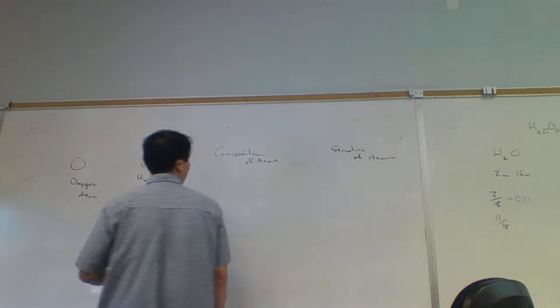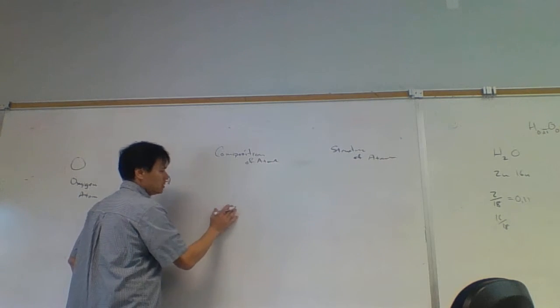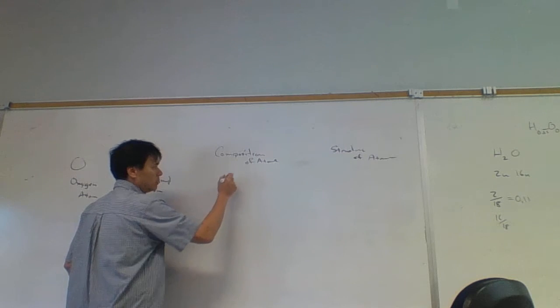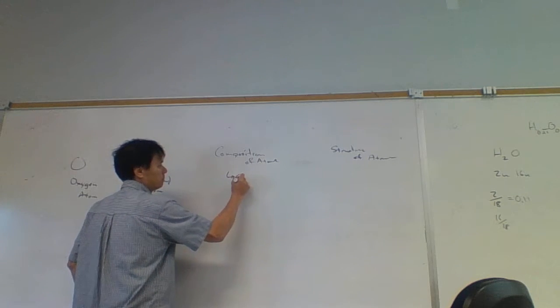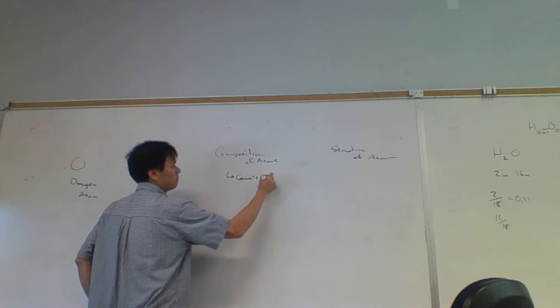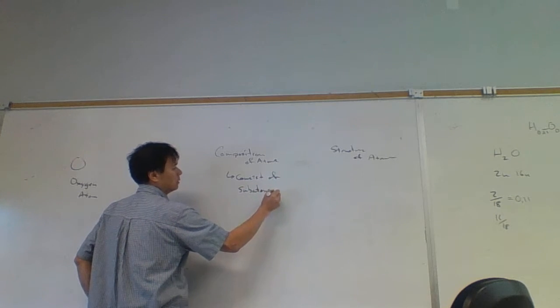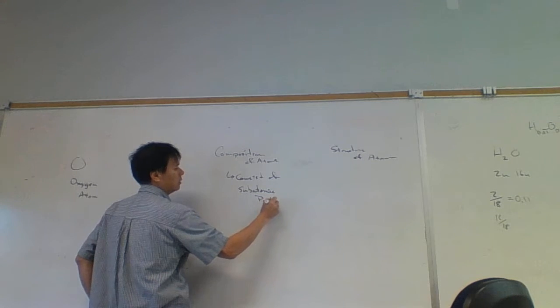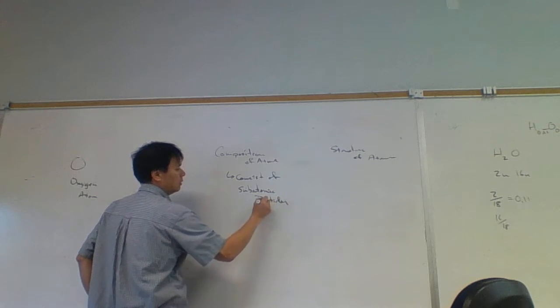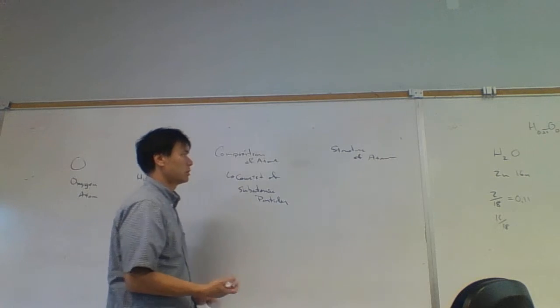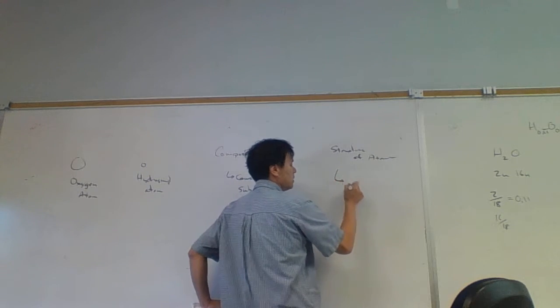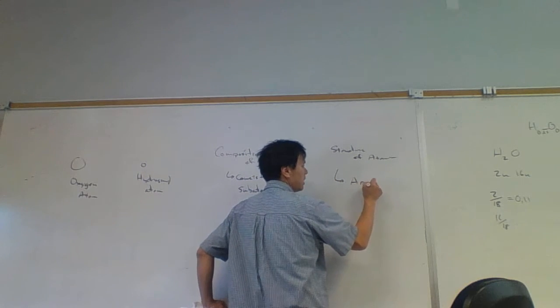And so atoms, well, it turns out atoms are made up of subatomic particles. And then the structure would be how are these subatomic particles arranged inside the atom?